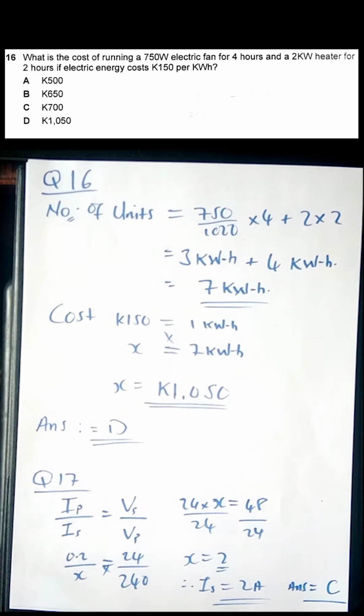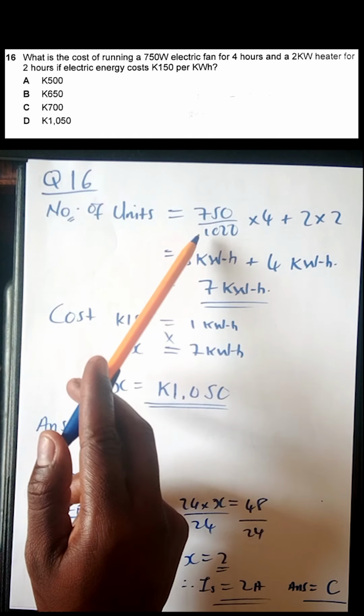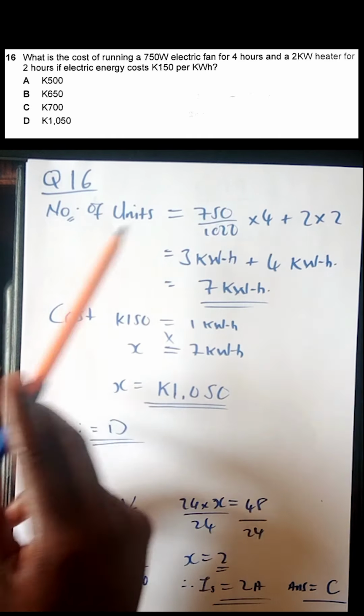We move on to question number 16. What is the cost of running a 750 watts electric fan for 4 hours and a 2 kilowatt heater for 2 hours, if electric energy costs 150 kwacha per kilowatt hour? Number of units is just the power times time.